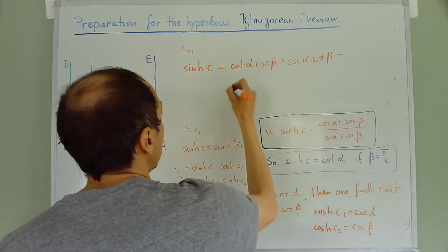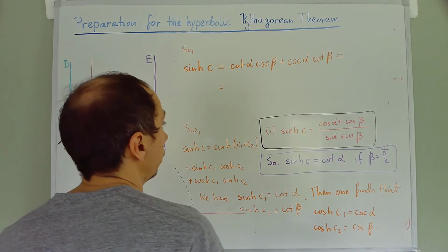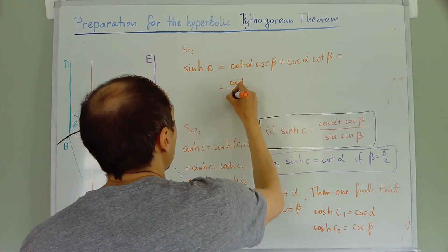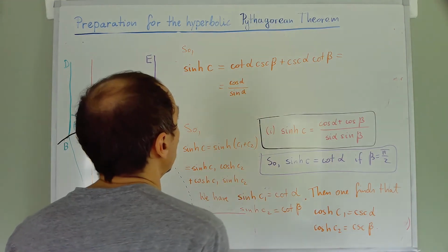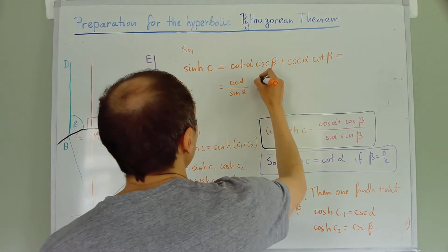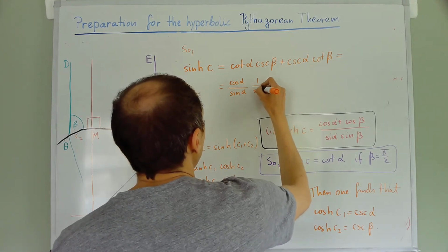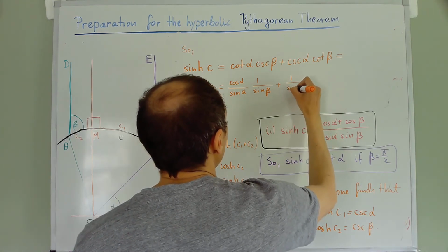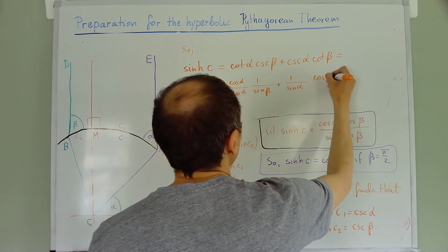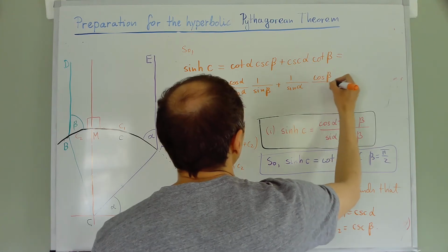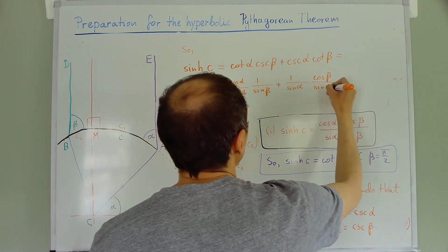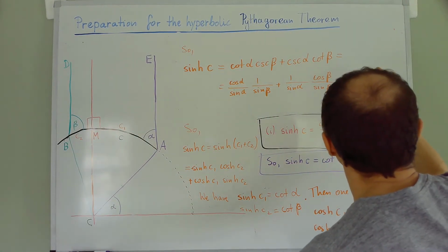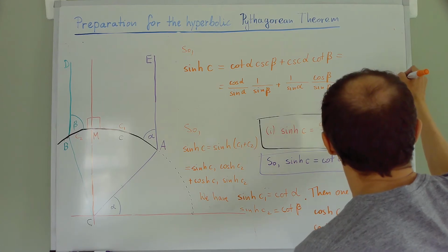So what is this? Cotangent is cosine alpha over sine alpha, cosecant is 1 over sine beta, plus 1 over sine alpha, cosine beta over sine beta, which gives 1.